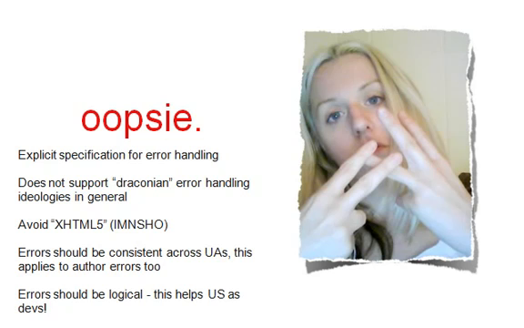Think about CSS for a minute, where one browser shows yellow where it's supposed to be a dark gray, and in the other browser you have black, which is correct. Clearly the one browser is trying to assume what you're trying to ask for. The other one is saying, I don't understand this, I'm not giving you any style. To me, the error handling in the second case is far more helpful.